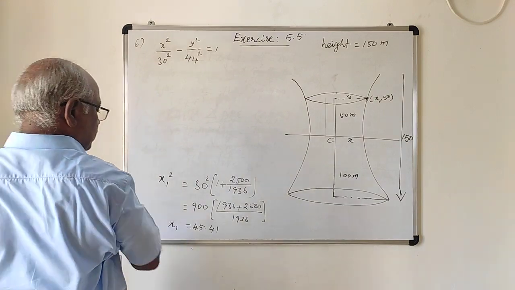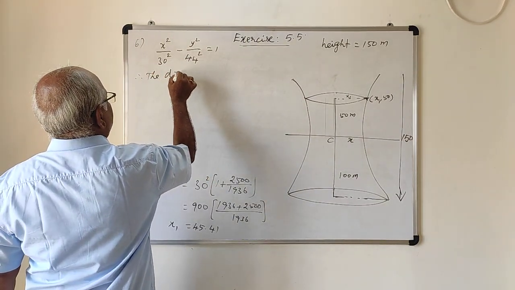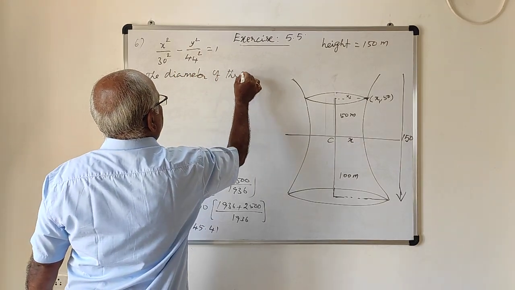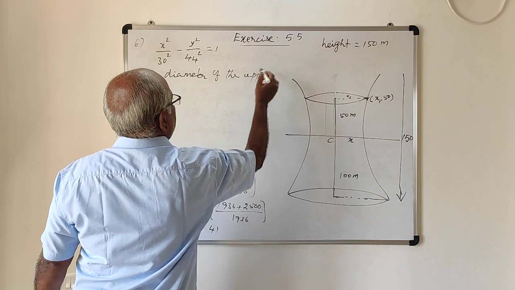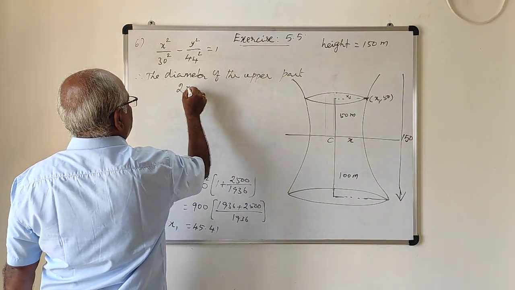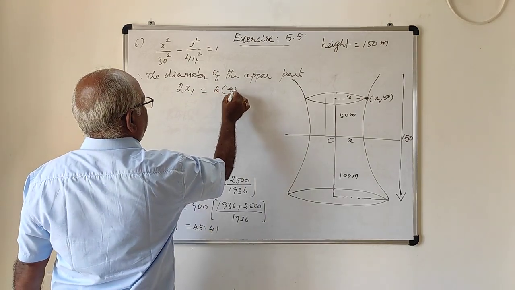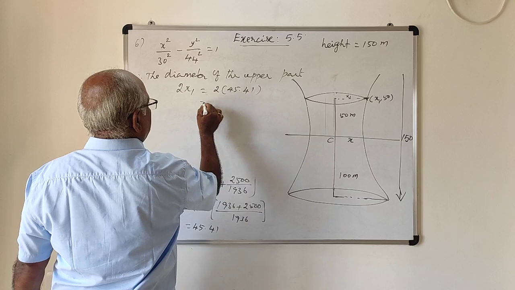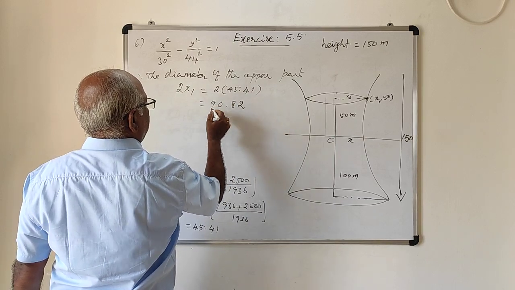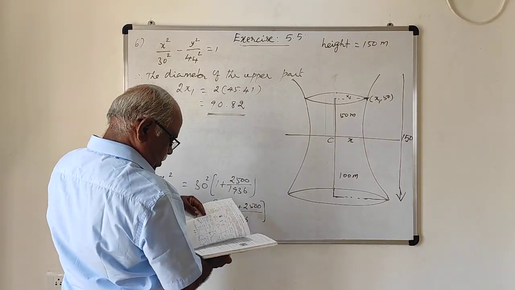So x1 is 22.71. Therefore the diameter of the upper circle is 2x1, that is equal to 2 times 45.41, which is 90.82 meter.